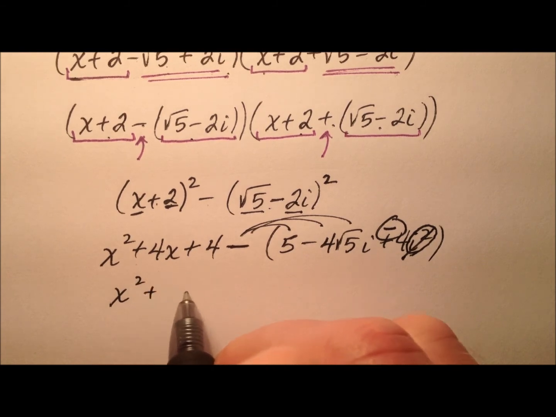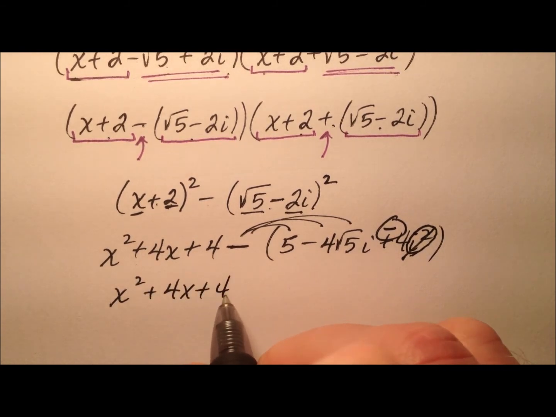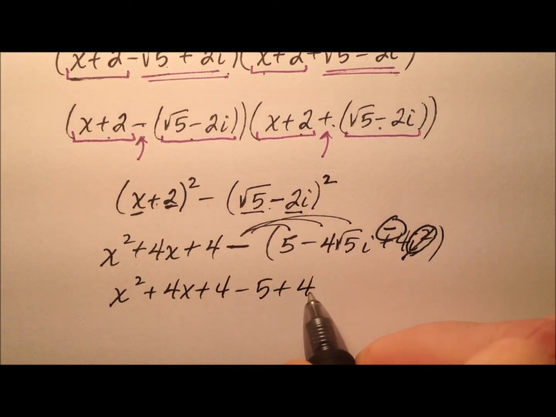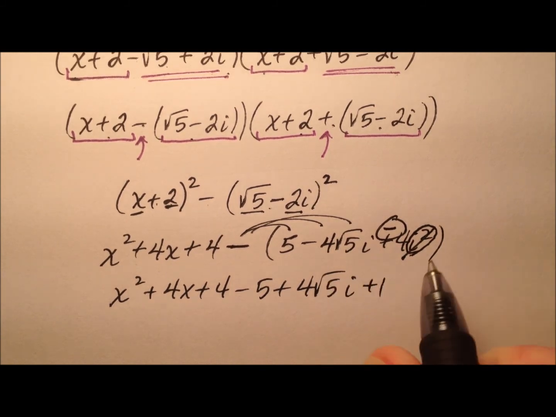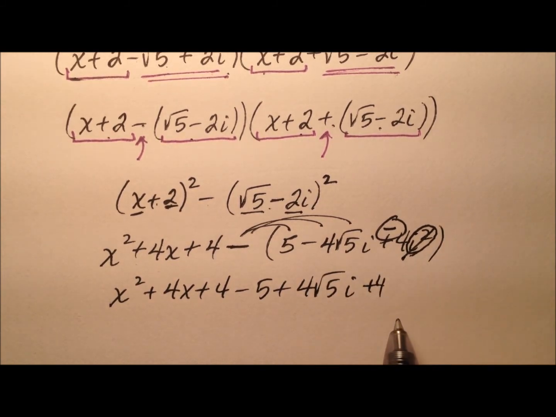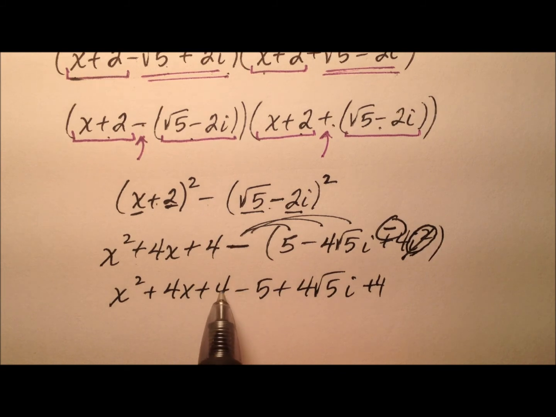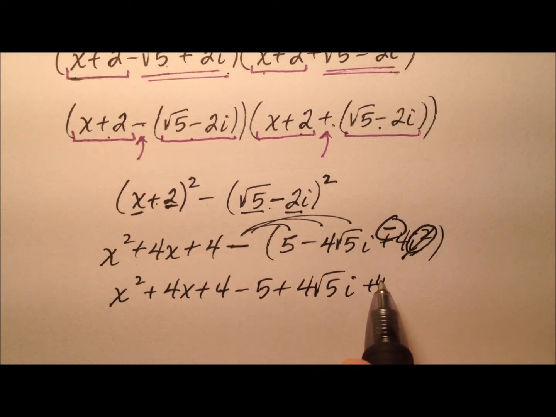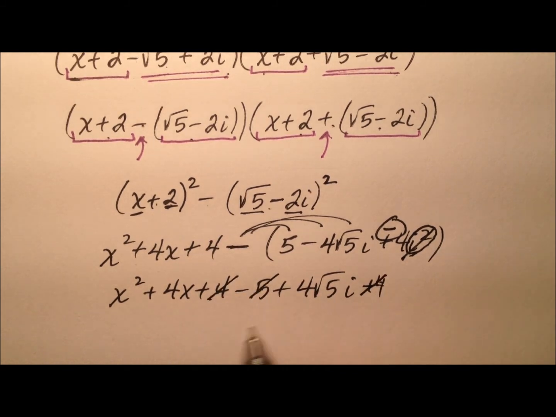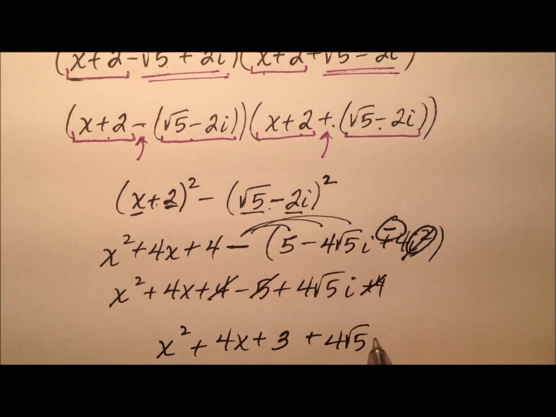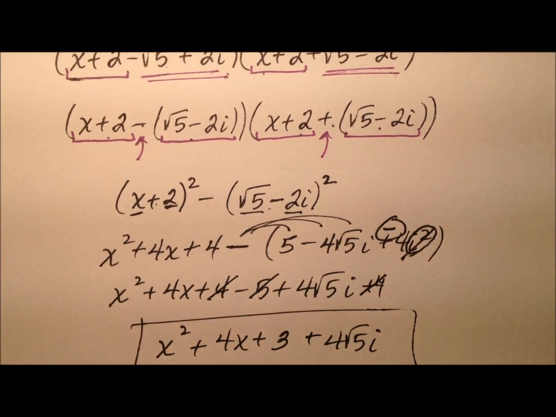So x squared plus 4x plus 4 minus 5 plus 4 radical 5 i plus 4. So we have 4 minus 5 plus 4, so all my constants will become 3. And then I have x squared plus 4x plus 3 plus 4 radical 5 i.